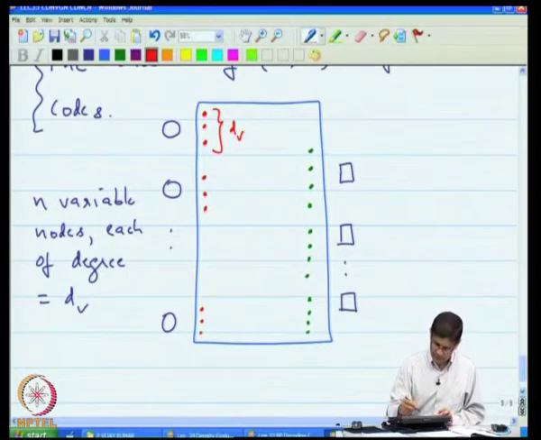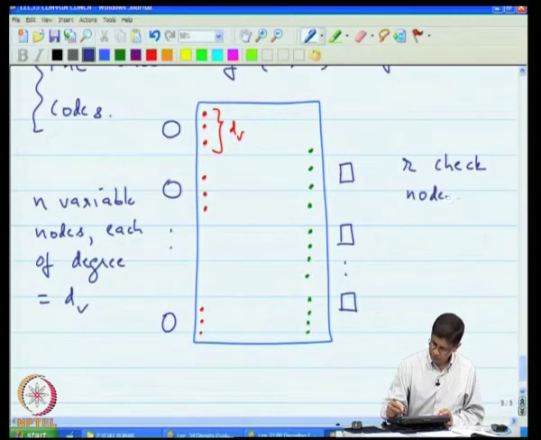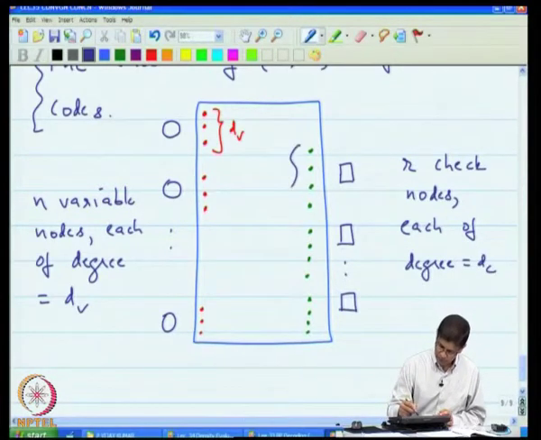Now, analogously, we have R check nodes, each of degree equal to dC.